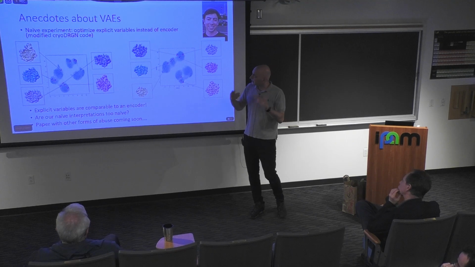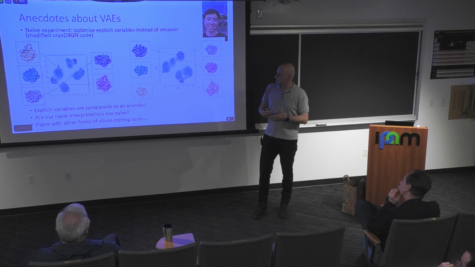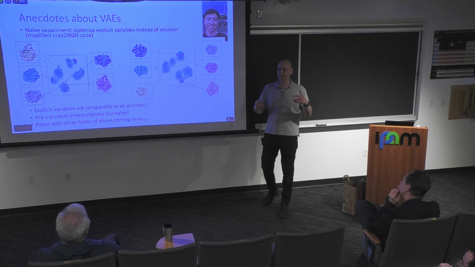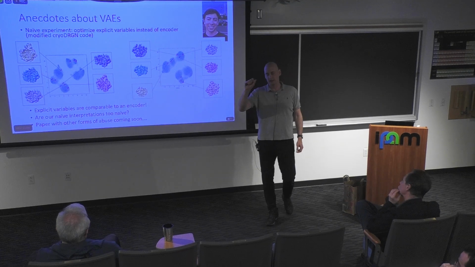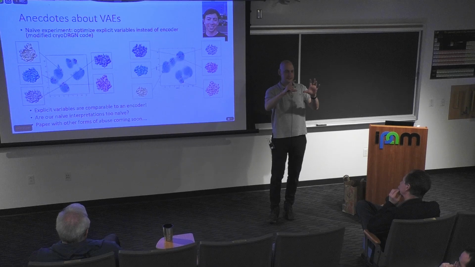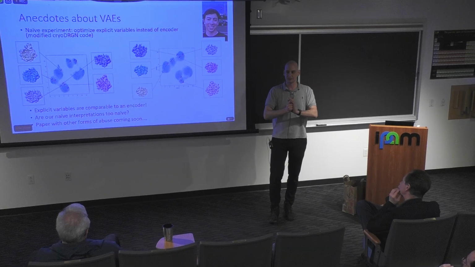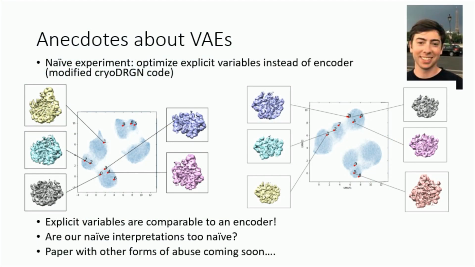And another naive expectation was that it's very different from having an explicit variable attached to each one of the images. So again, we're very lucky that Ellen is very generous and provides very well documented and very nice code for Cryo-Dragon. So we took Cryo-Dragon and abused it a little bit in several different ways.